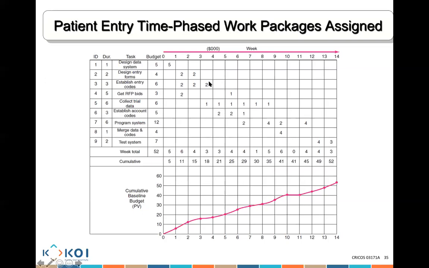Day 4, I need $2 and 1, which is $3. 3 plus 15 is $18. And that's how the project cost keeps increasing until you reach the total planned project cost. My planned project cost for the whole project is $52, or whatever that budget is.